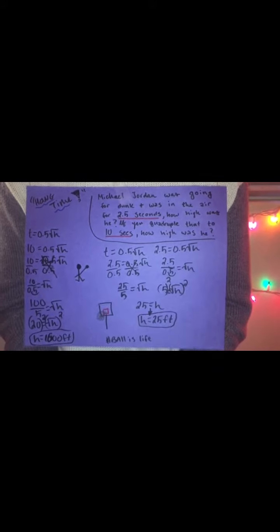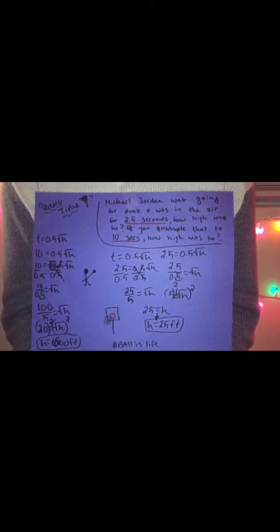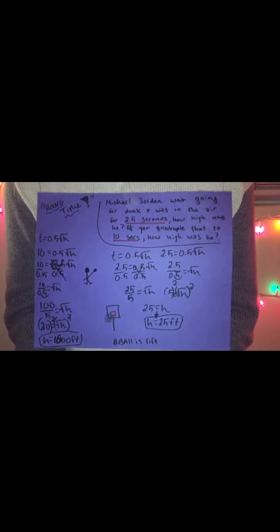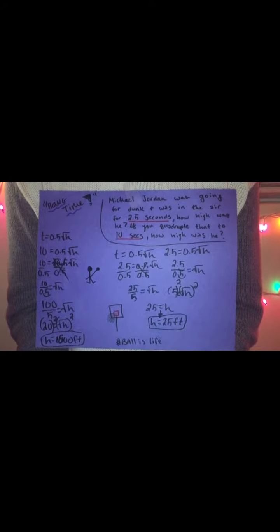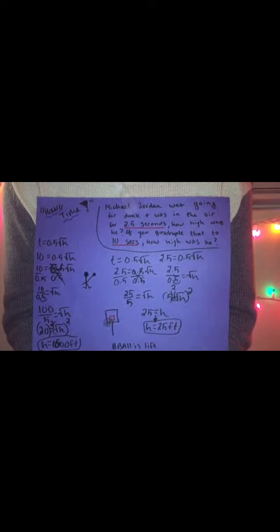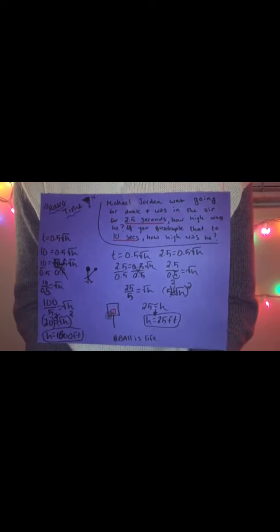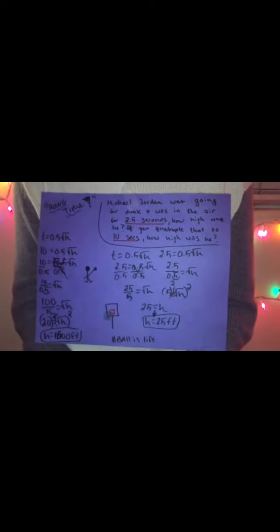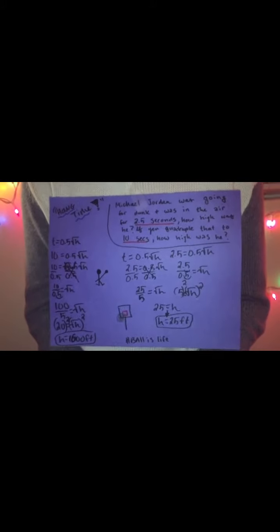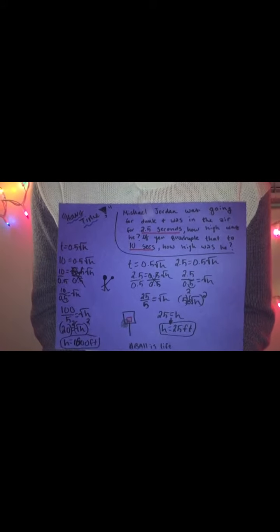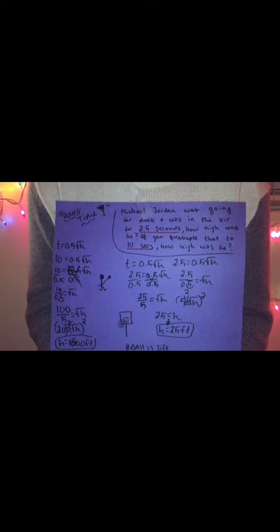Alright, so Michael Jordan was going for a dunk and was in the air for 2.5 seconds. How high was he? If you quadruple that to 10 seconds, how high was he? T equals 0.5 times the square root of h. And so you plug in 2.5 for t. And then you have to divide 0.5 from both sides to get the radical by itself.